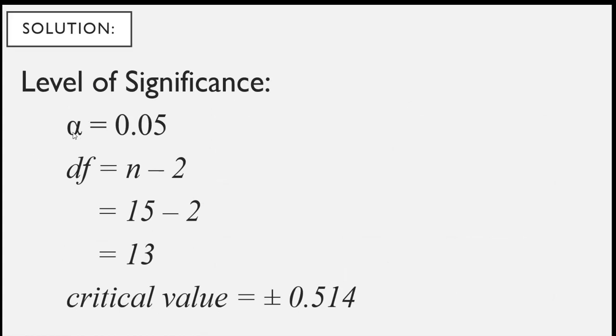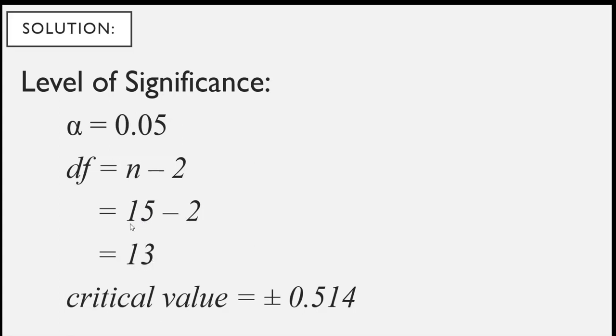To start with, let's determine our level of significance, our degree of freedom, and our critical value. The level of significance for Pearson is 0.05. Degree of freedom formula is n minus 2, where n is the number of respondents or sample size. Our n is 15 students minus 2, that is equal to 13.